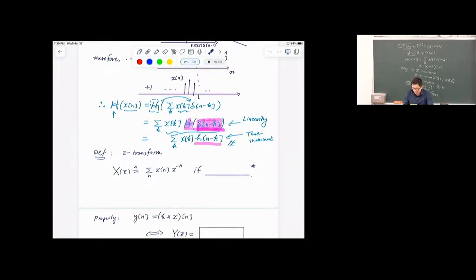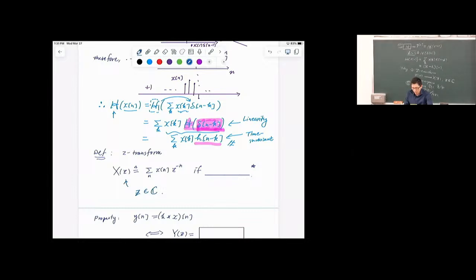So this time, let's move on and talk about the Z transform. Here is the definition. The result is a function of z, where z is on the complex plane.